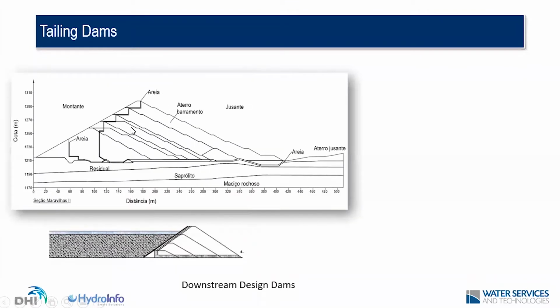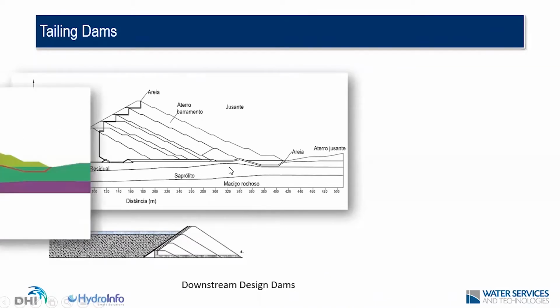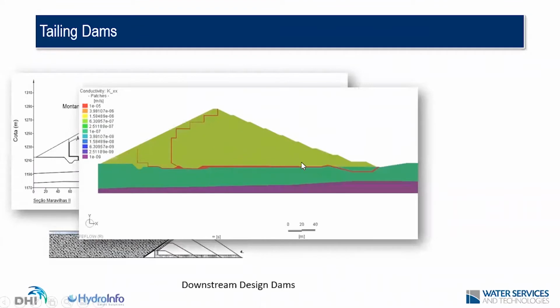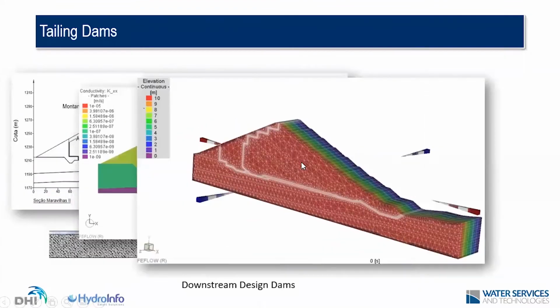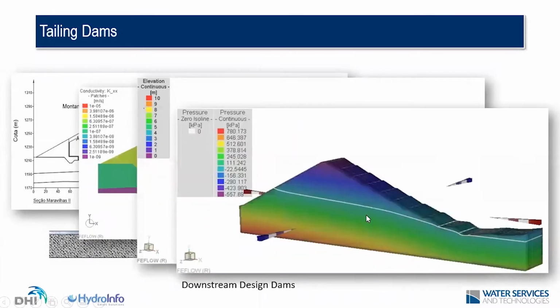This is one dam that we have done with a downstream design with the filters and the basement, and represented in FEFLOW. Again, the grid has a smaller spacing to represent the filters, along with the water table and the pressures in this case.